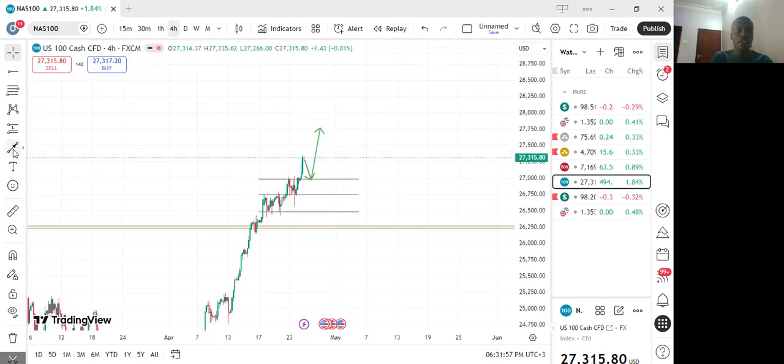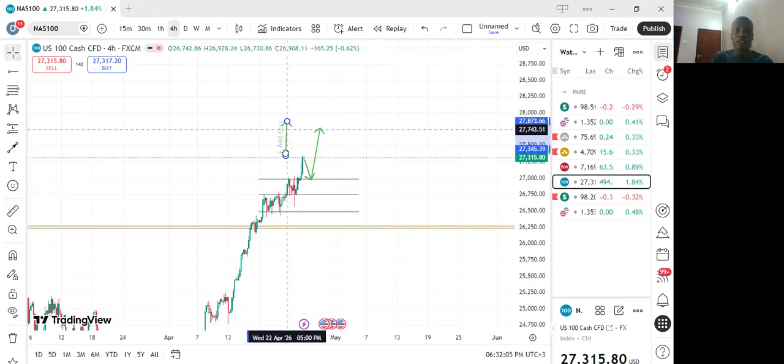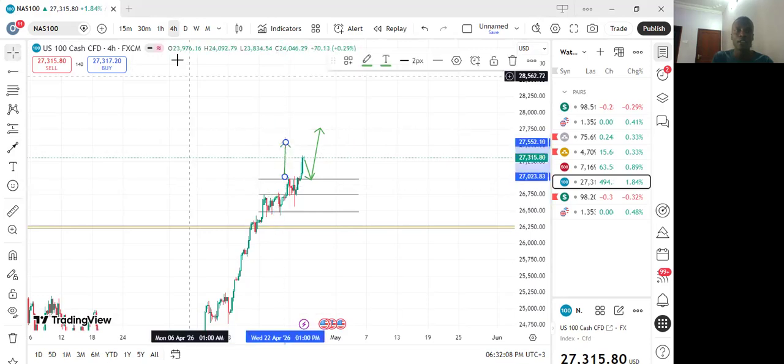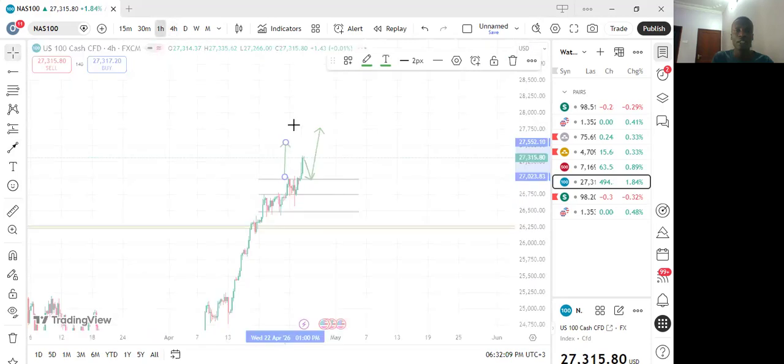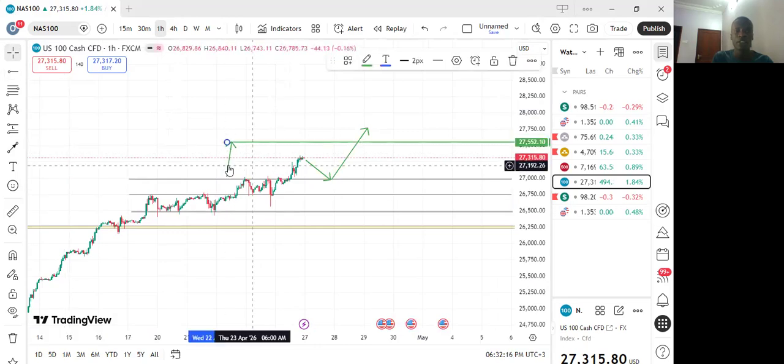My next area of target on S&P 500 will be somewhere here. I can come down here. My next area of target will be somewhere here, as price has been within this range.